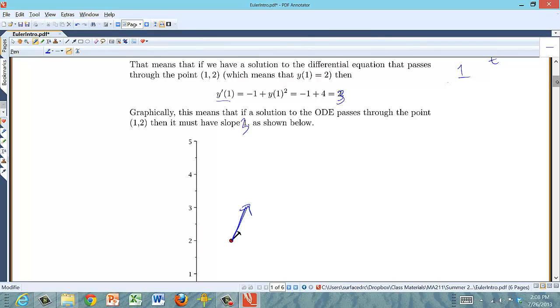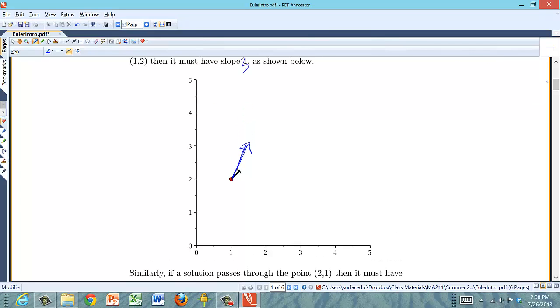So if you see a function going through the point 2, 1 and it looks like that, it's not a solution to the differential equation, because its slope at the point 2, 1 is not 3. On the other hand, this function might well be.